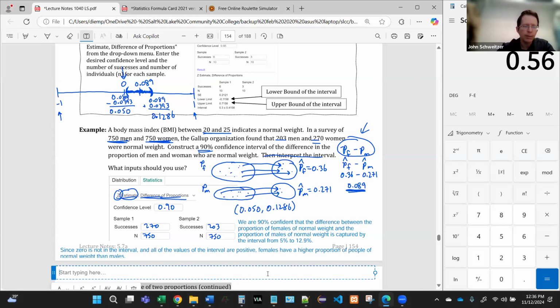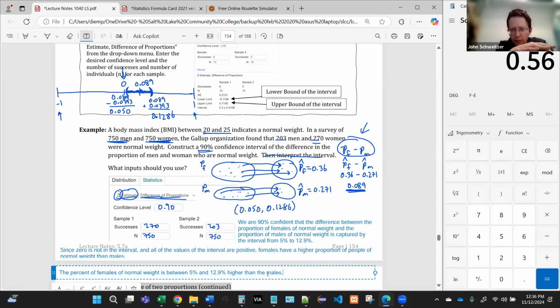What's maybe an even more practical way of saying this? The percent of females of normal weight is between 5% and 12.9% higher than the males.